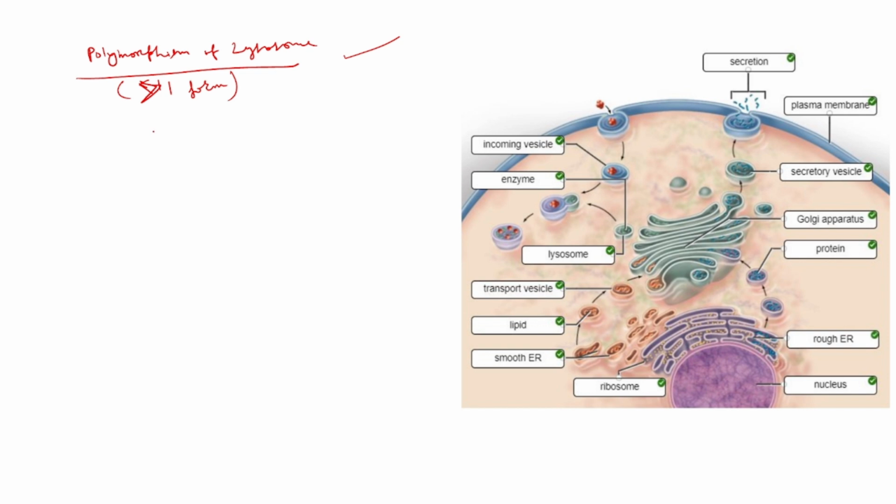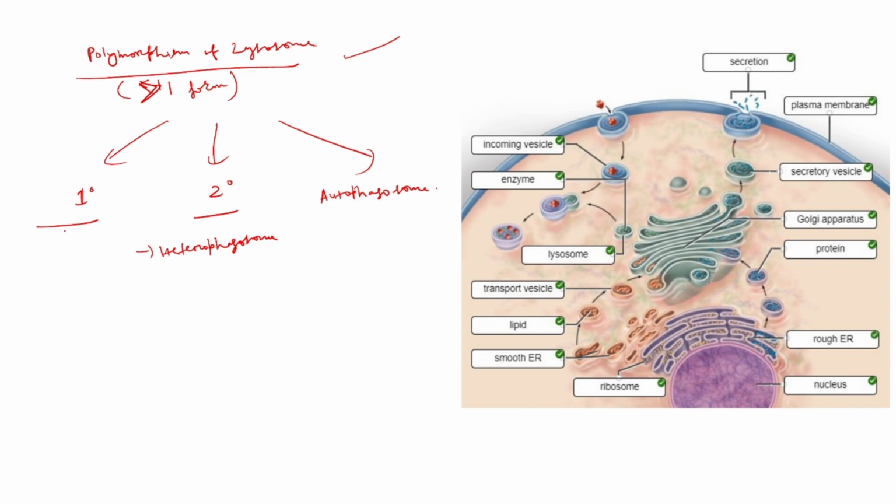Three types of lysosome are present. One is called the primary lysosome, another is called the secondary lysosome, and another is called the autophagosome. The secondary is also called the heterophagosome. The primary is simply called the primary.